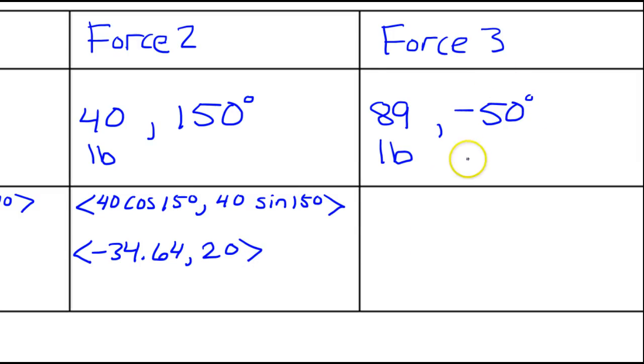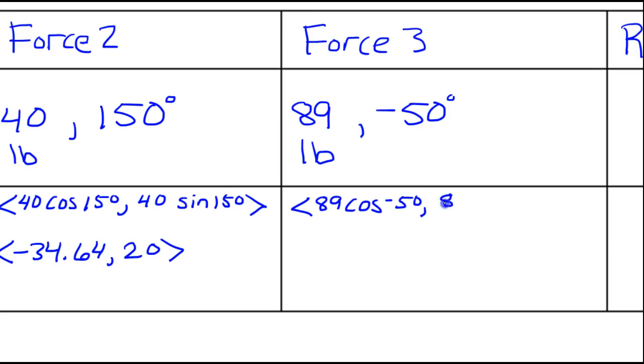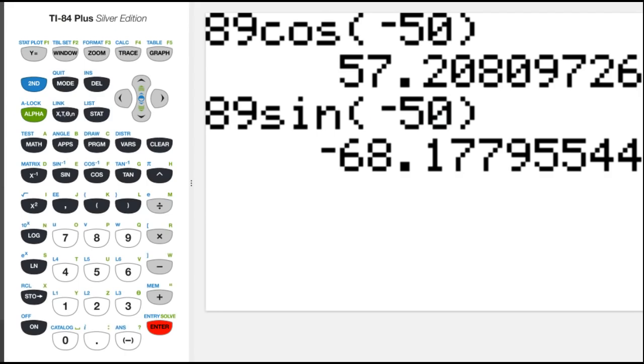Okay, how about force 3? Our R cosine theta is 89 cosine negative 50, and our R sine theta is 89 sine negative 50. Calculator. So here you go.